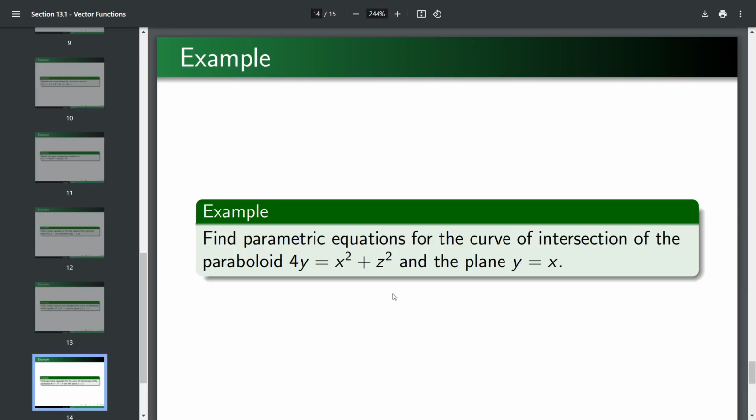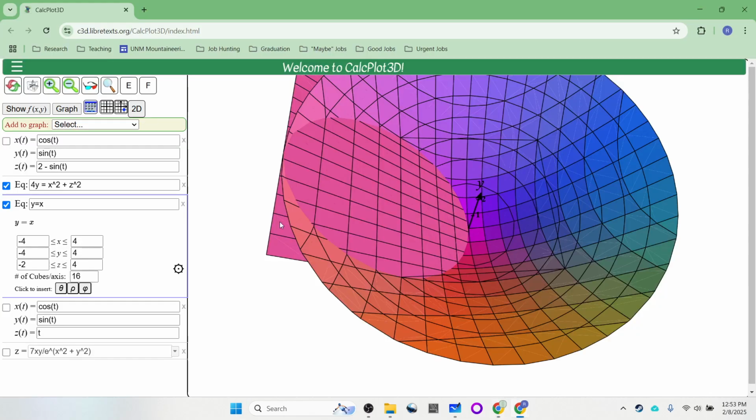Let's see the graph. Where'd my graph go? Here we go. So this would be 2 plus 2 cosine t. Y is also 2 plus 2 cosine of t. And z is 2 sine t.